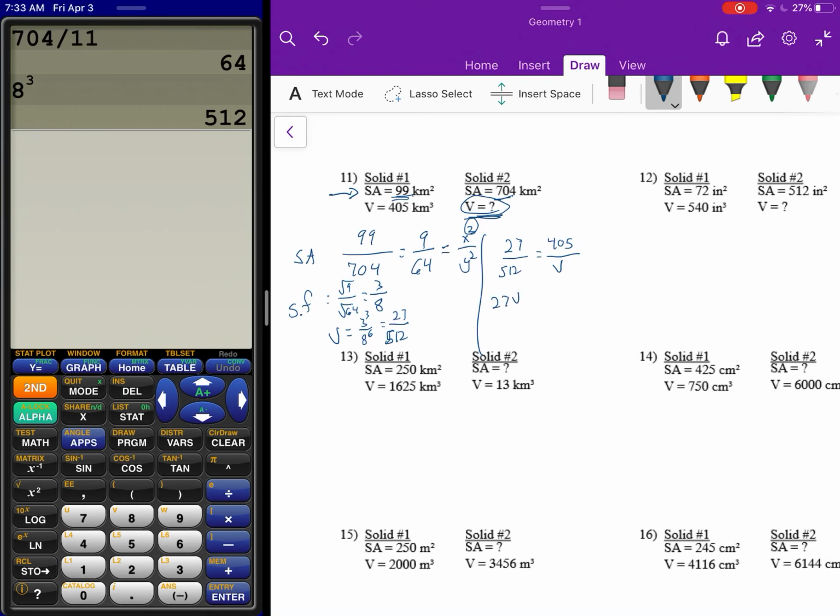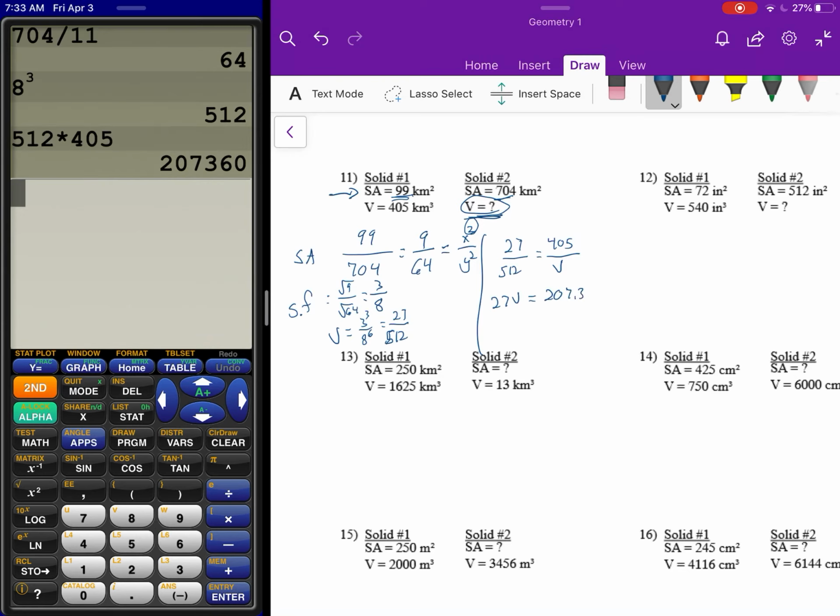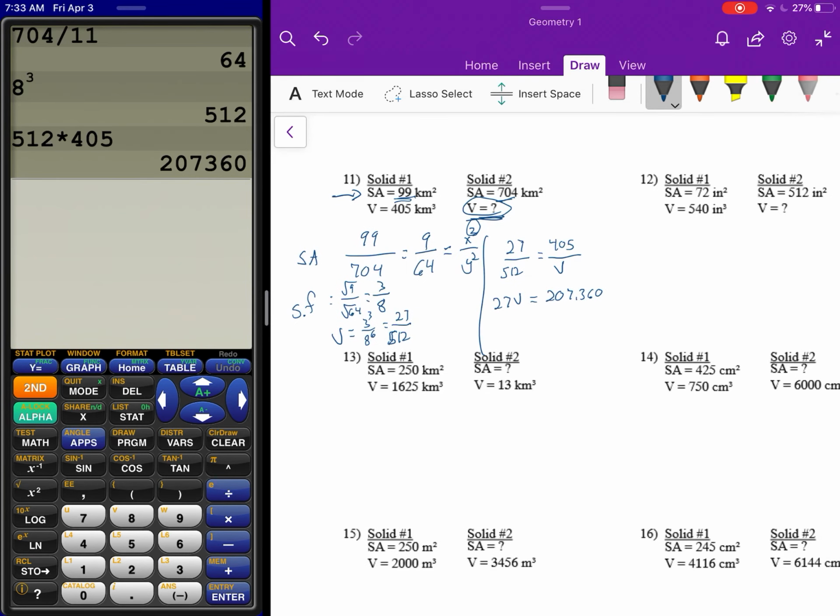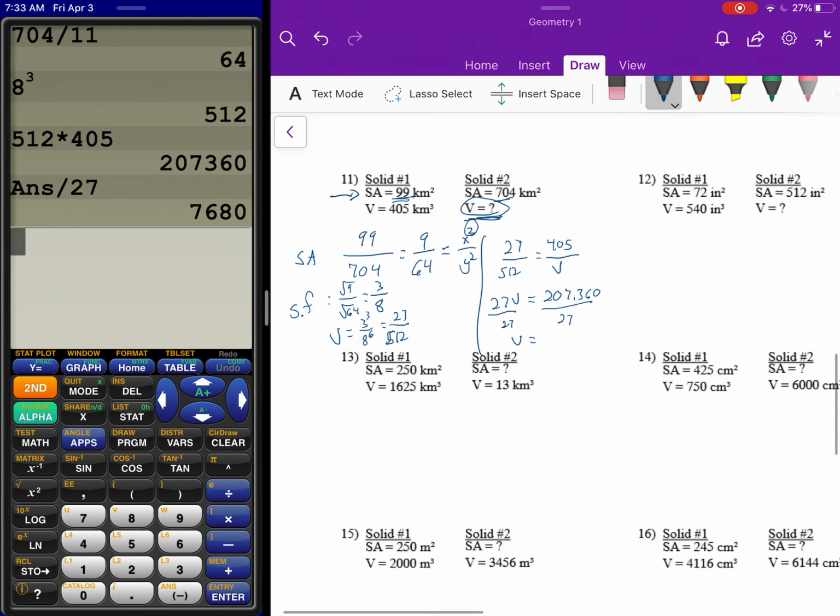So we have 27V equals 512 times 405, 207,360. Divide both sides by 27, and we'll have our volume. So divide that by 27, and the volume of the second solid is 7,680 kilometers cubed.